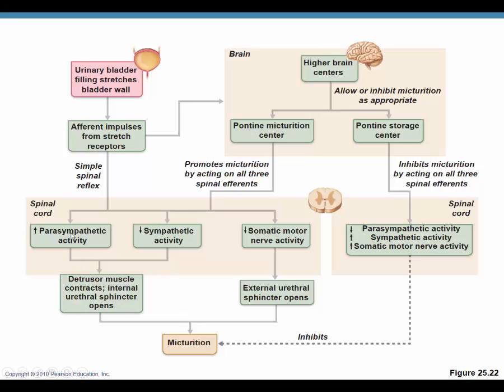When we send an action potential down cholinergic neurons, they bind to what type of receptors? Putting it all together now, end of the semester. What? Muscarinic receptors, yes, very good. So all parasympathetic effector organs have muscarinic receptors for acetylcholine.